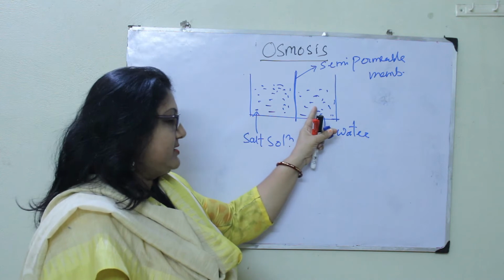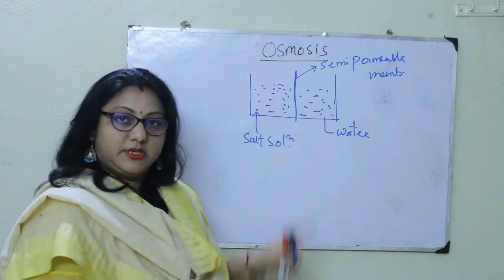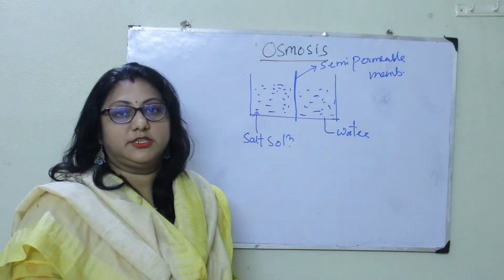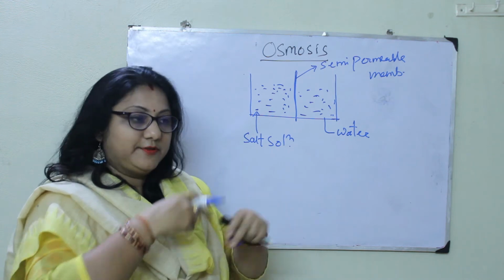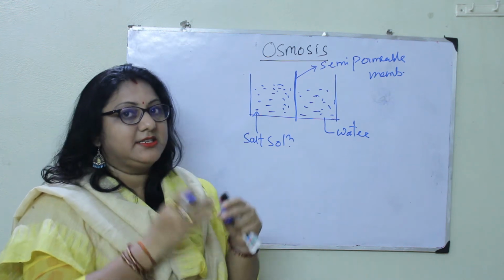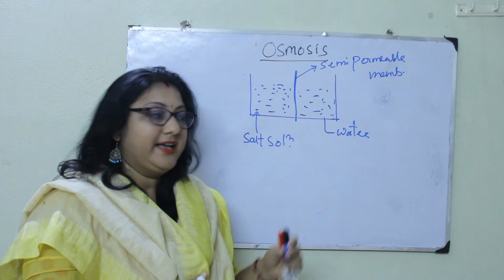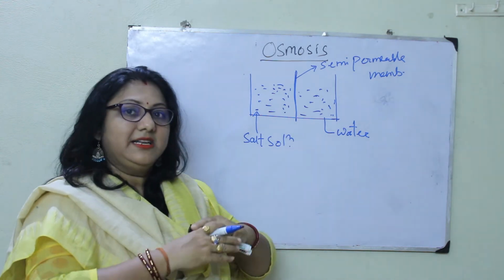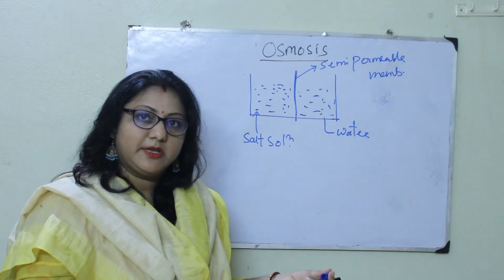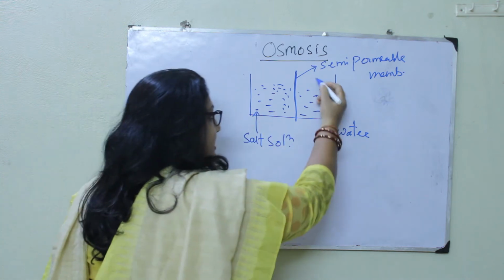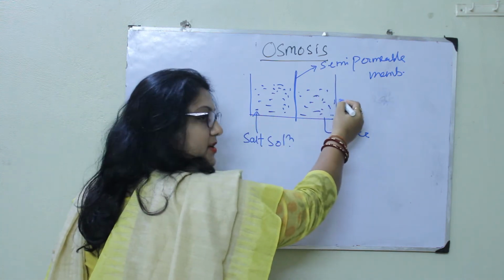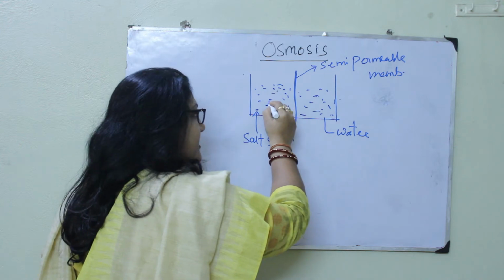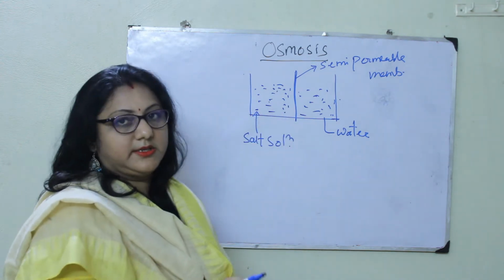Suppose plain water is here and salt solution is there. Then whose water concentration is more? If solute is mixed, water concentration is definitely less. If it is plain water, then water concentration is maximum. So now this particular part is the higher concentration area and this particular solution is the low concentration area.